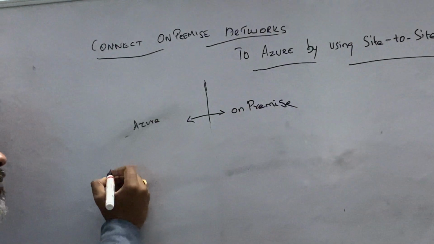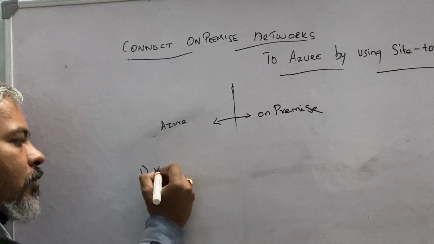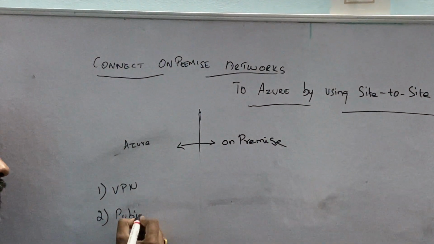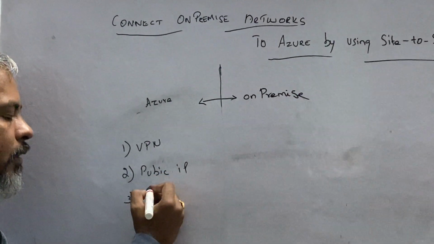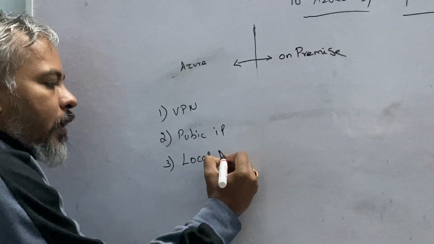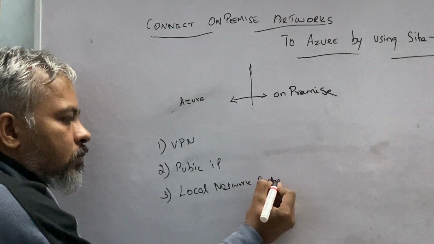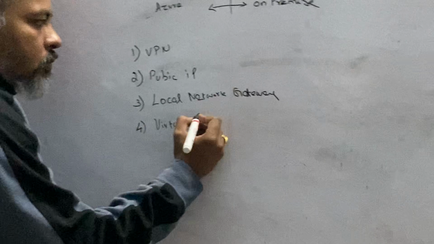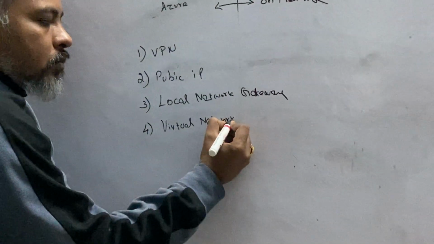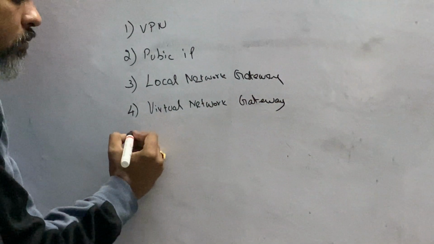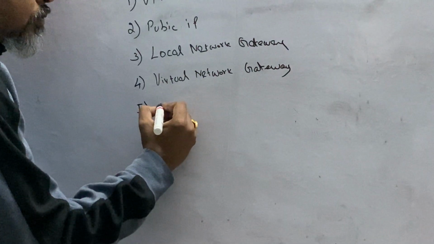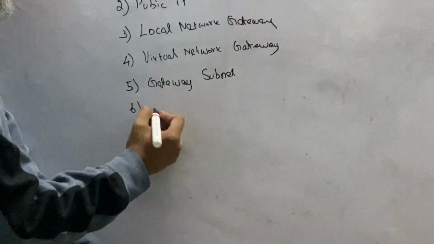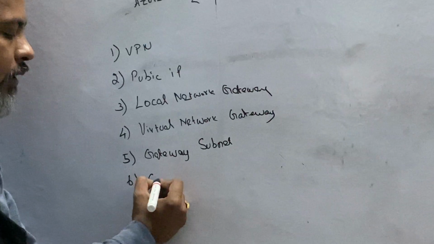In order to make this site-to-site connection, what you need is: one, virtual private network; two, public IP; three, local network gateway; four, virtual network gateway; five, gateway subnet; and the sixth one is connections.